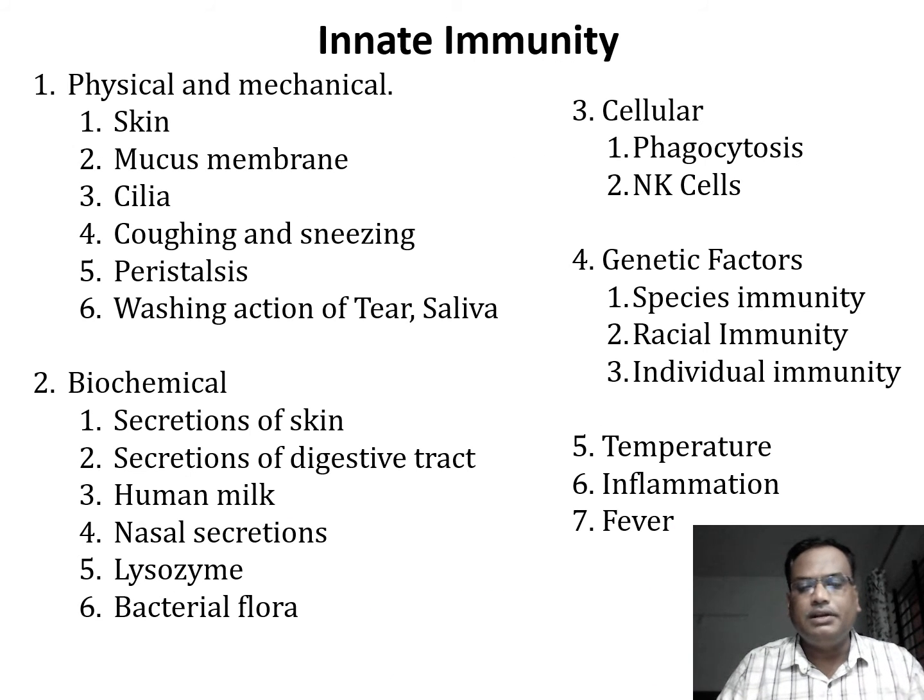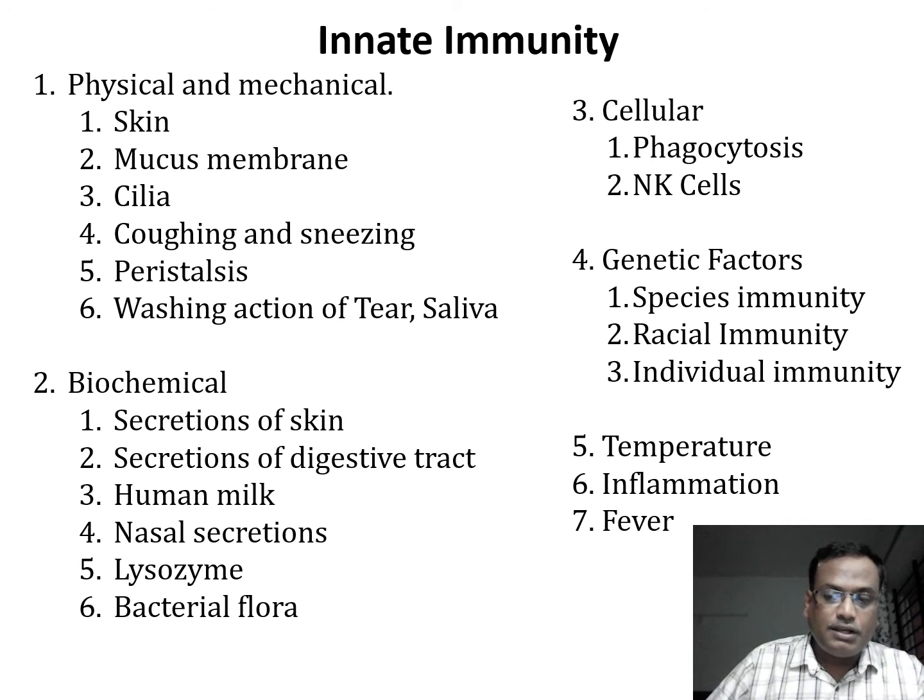Now, here I have listed different types of innate immunity mechanisms which help us protect against infection and diseases. I already mentioned skin, mucous membrane, then we have cilia. Cilia are the structures which will remove the pathogen from the body. Coughing and sneezing.